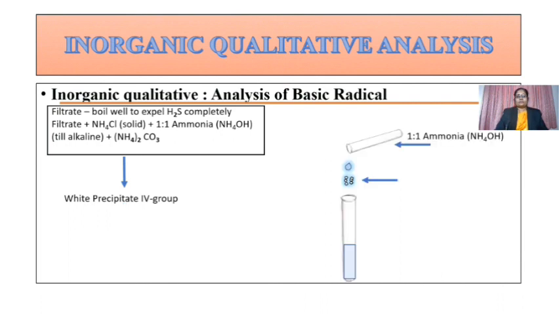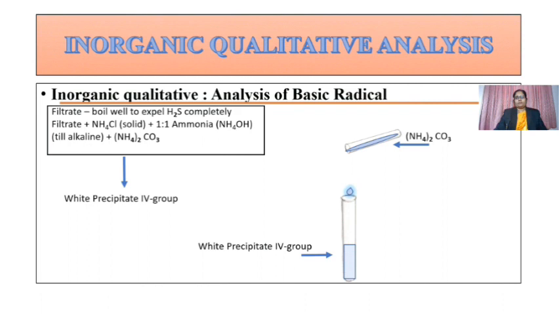After this, add NH4Cl solid and then 1:1 ammonia. In the same solution, add (NH4)2CO3 reagent. Then if you get a white precipitate, it indicates that the fourth group is present.